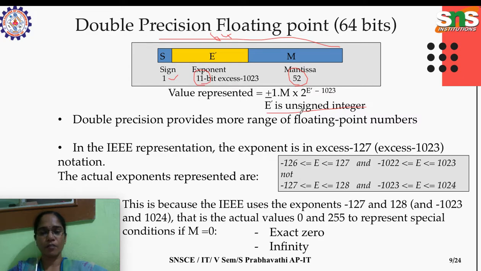Why are we going for double precision? To have a larger range of floating point numbers, we are moving to it. Okay, that's it.